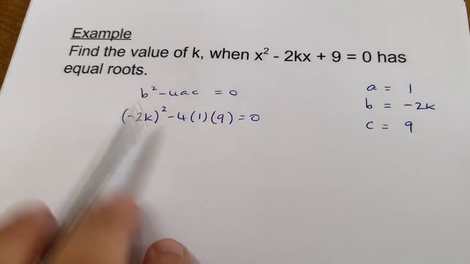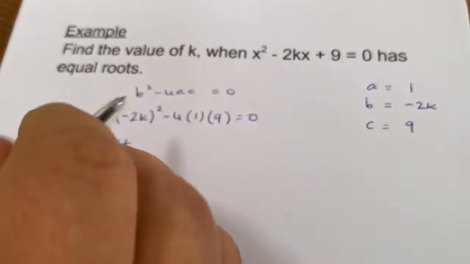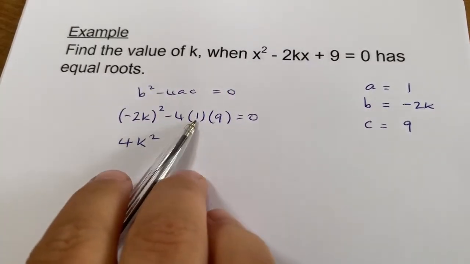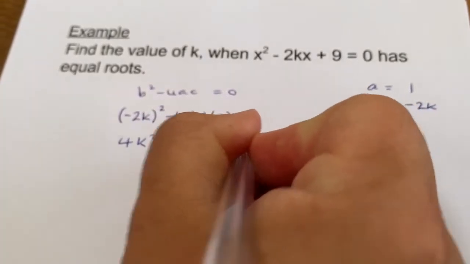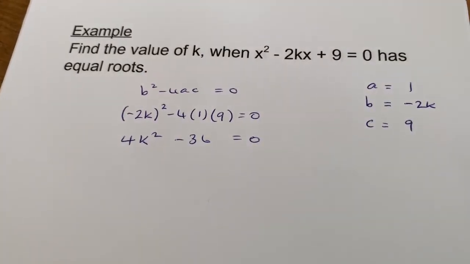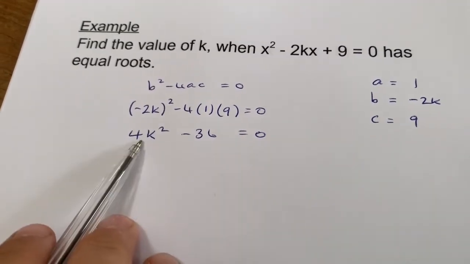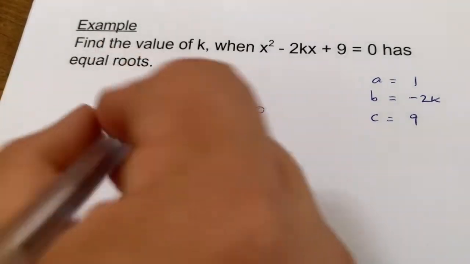So (minus 2k) squared, so minus 2 times minus 2 is 4, k squared, and then 4 times 1 times 9 is 36, equals 0. Now, you're then going to go on and solve this one. This is just going to be a quadratic, so I'll take a common factor first.